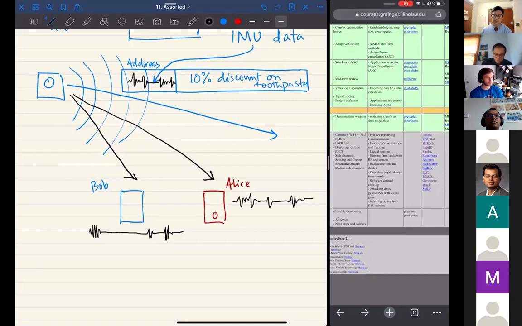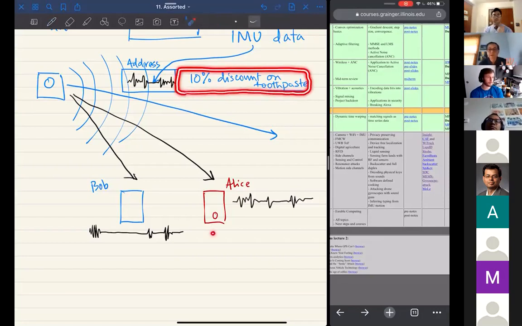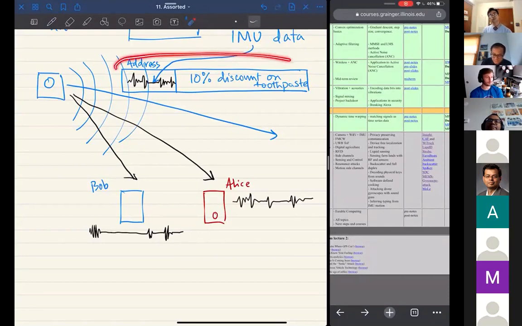This camera wanted to send this message to Alice, right? Because Alice is standing in front of the toothpaste shelf, and that's why this camera wants to give this 10% discount on toothpaste to Alice, but not to Bob, because Bob is standing in front of the milk shelf, right? So now, once this message comes to both Alice and Bob, what Alice does is it takes the address of this message and compares it to its own IMU.